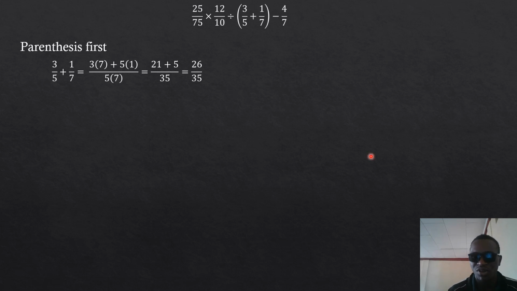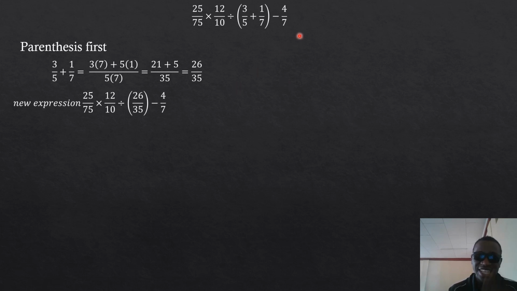So that will give us our new expression: 25 on 75 times this 12 on 10 divided by the answer that we got inside that bracket. This is what we have simplified now. Copy what was the answer and put it in that same position, minus 4/7. Okay, students.